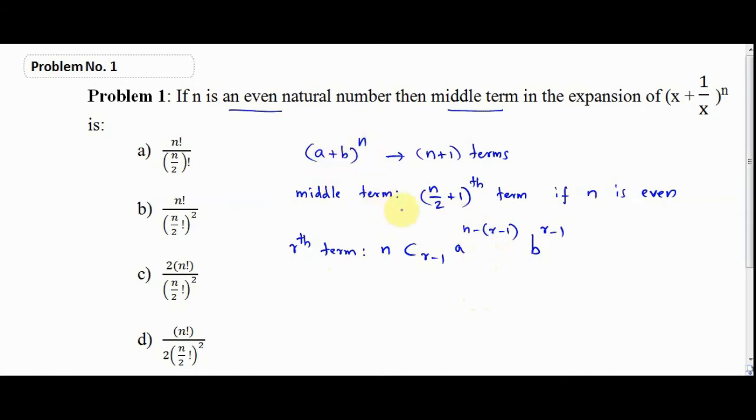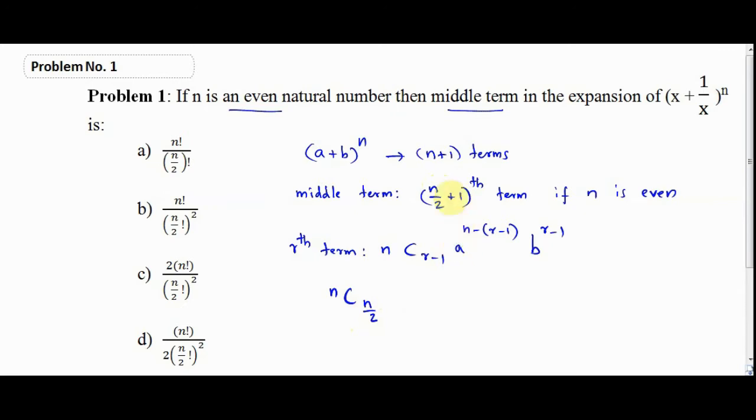And we are asked to find the middle term, which is the (n/2 + 1)th term. So in place of r we have to consider n/2 + 1. So nC(r-1) becomes nC(n/2 + 1 - 1), that is nC(n/2).